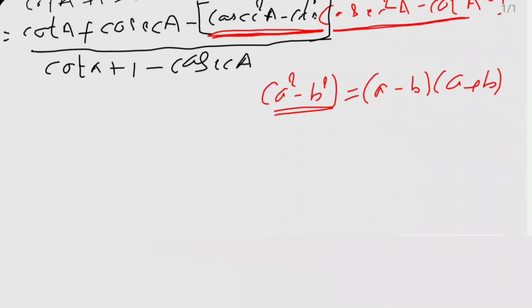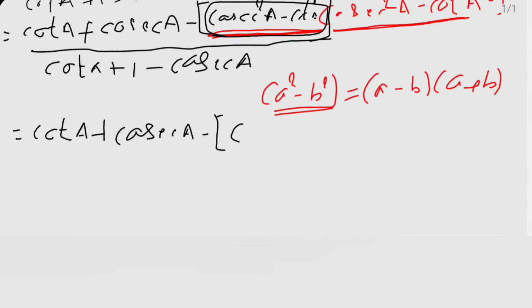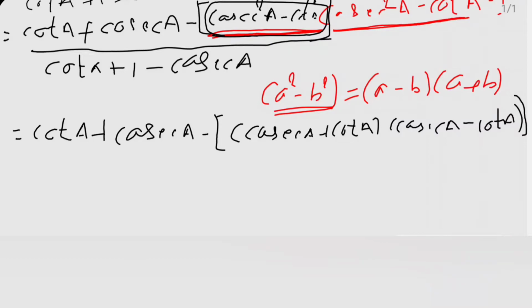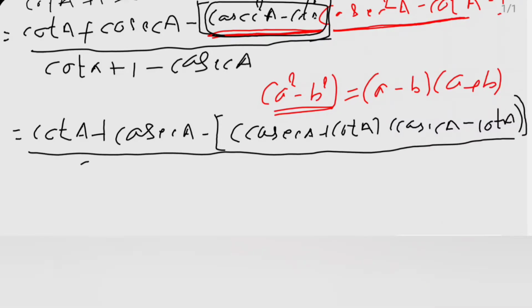So what will be the next step? Write down cot A plus cosec A minus, in a bracket, instead of cosec square A minus cot square A we can write (cosec A plus cot A)(cosec A minus cot A), bracket complete, and this divided by cot A plus 1 minus cosec A as it is.